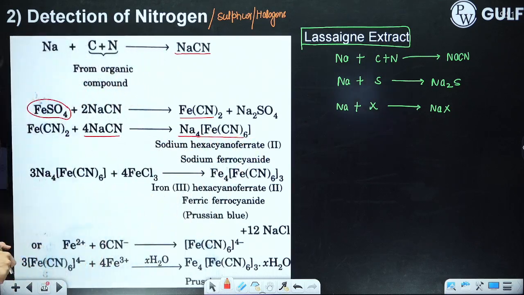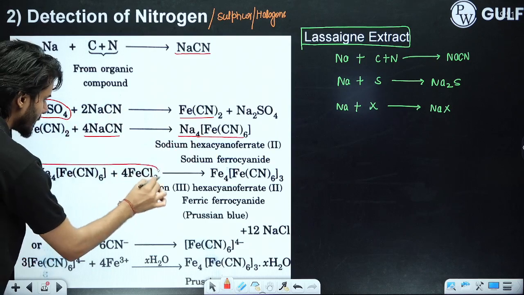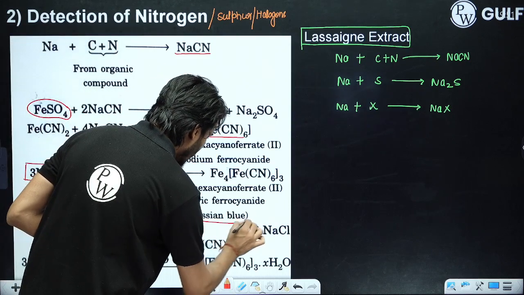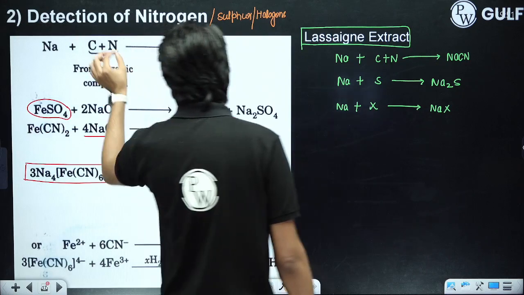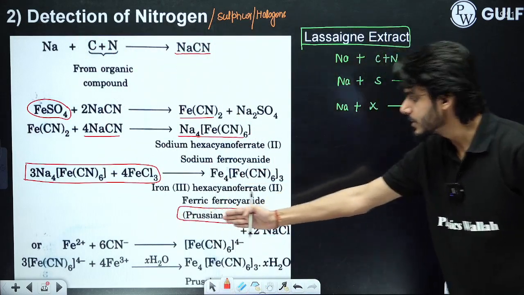Then, if I add FeCl3 into this sodium hexacyanoferrate, I'll have a complex compound which has a characteristic color, Prussian blue. If I have this characteristic color, I can tell that yes, we must have nitrogen in this extract.